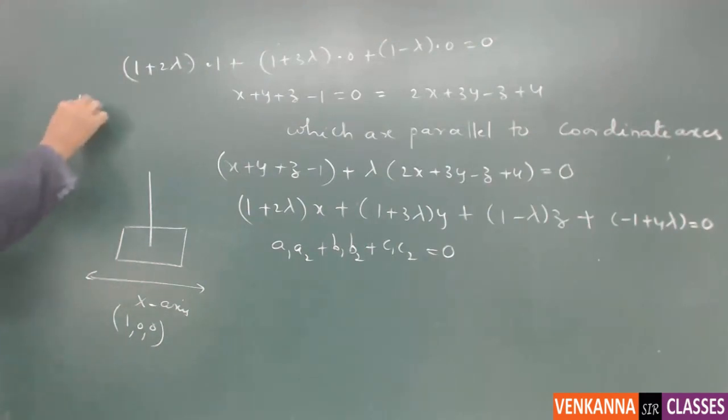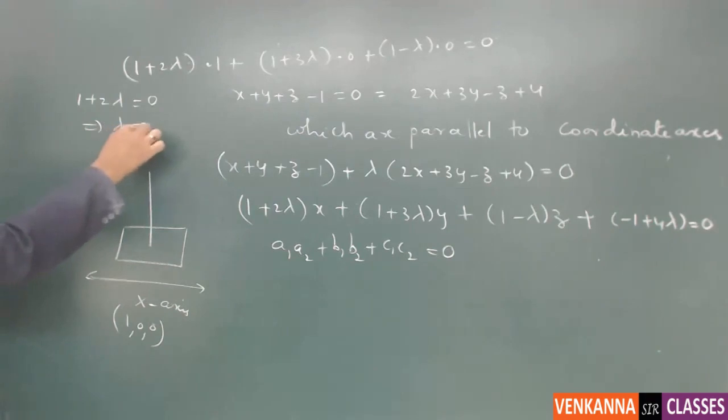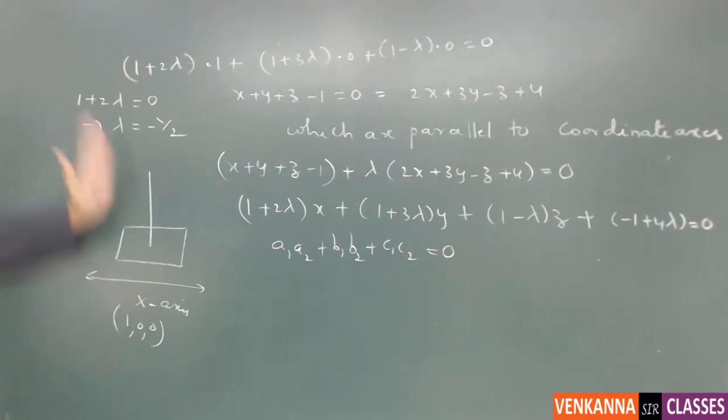So from this, 1 plus 2 lambda equal to 0, which gives lambda equal to minus 1 by 2. Whenever a plane is parallel to a line, always understand that the normal of the plane is perpendicular to the line. Okay. So always make use of the perpendicularity condition.